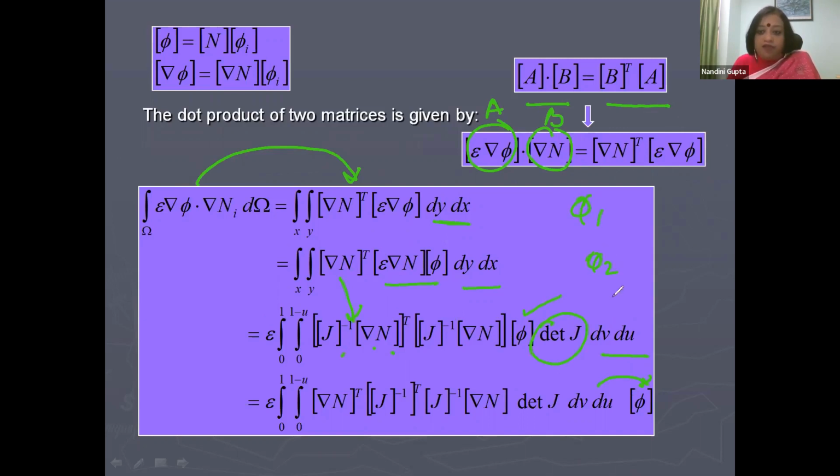Phi 1, phi 2, phi 3 are known or unknown constants. So the integral is only this quantity to be integrated over the dv du domain. Epsilon I have taken out because it is uniform. What are my bounds? My bounds are 0 to 1 and 0 to 1 minus u. So now you know what is the function in u and v which has to be integrated in the domain u and v.